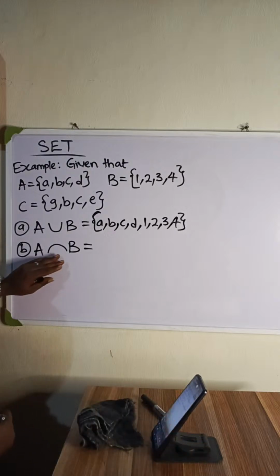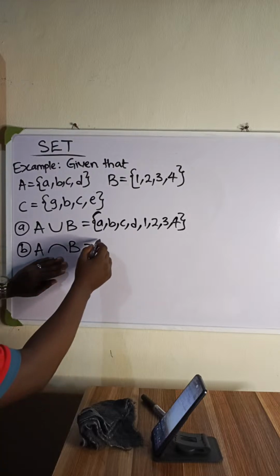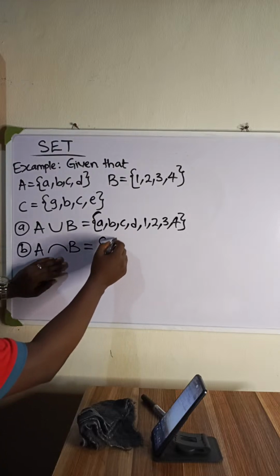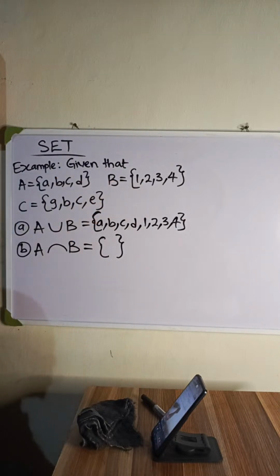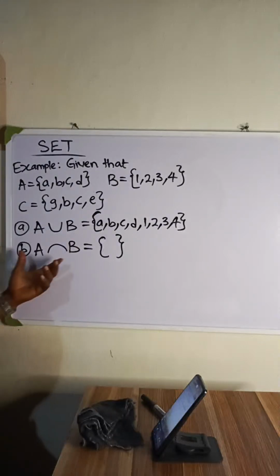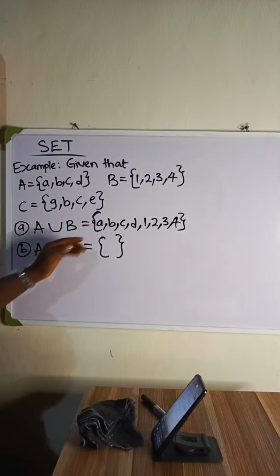Then for intersection, it is actually the empty set because there is nothing common between them. Yes, Medic is correct. The second one is the empty set. So intersection is empty, but union is not empty.